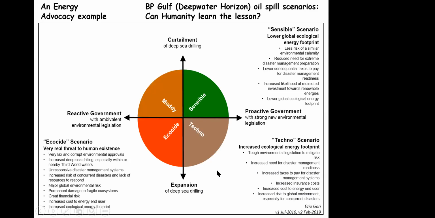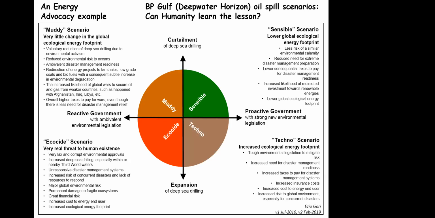And the other scenario, I've just called it a muddy scenario, basically where very little change in the global energy footprint, because there is a lot of curtailment, and this is voluntary reduction of deep sea drilling due to environmental activism, which is good. But there's reduced environmental risk to oceans.